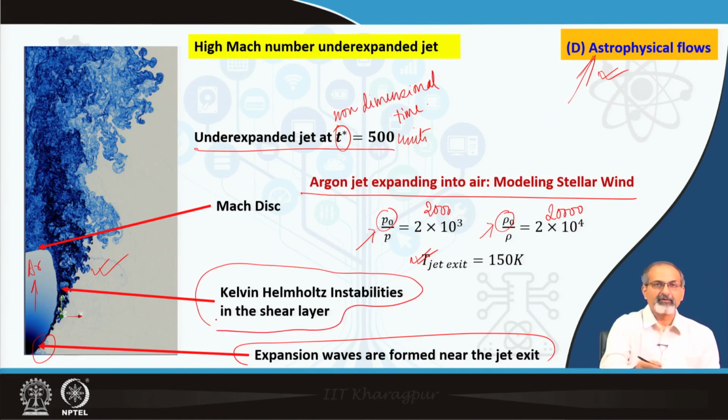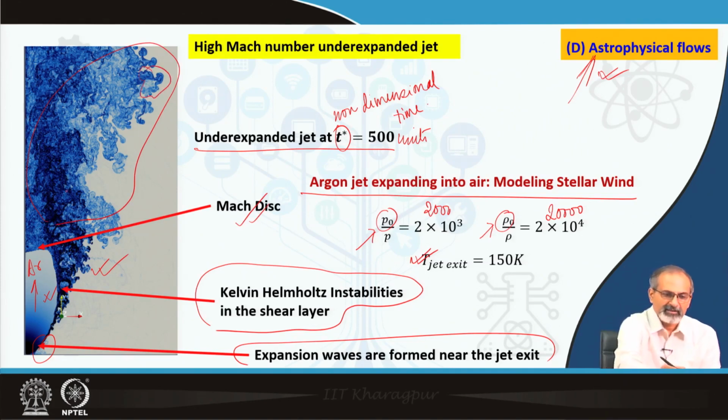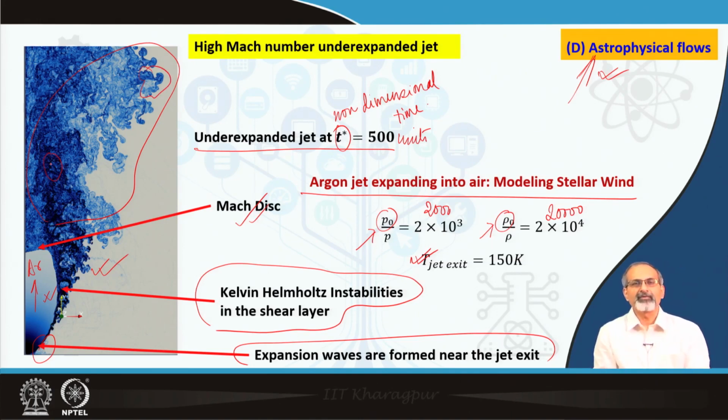Kelvin-Helmholtz instabilities are formed in the shear layer because of the very high velocity differences between the jet core and the quiescent neighborhood, and then this supersonic flow would terminate in the form of a Mach disk, and then you see very widely varying structure shapes, where large scale structures may be visible in a region like this, while in regions like this, if you zoom deep, you will find very, very small structures.